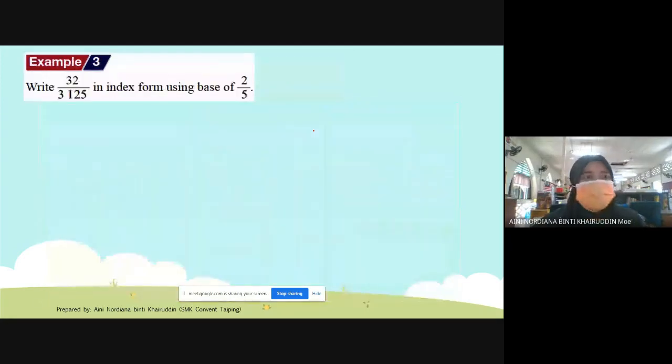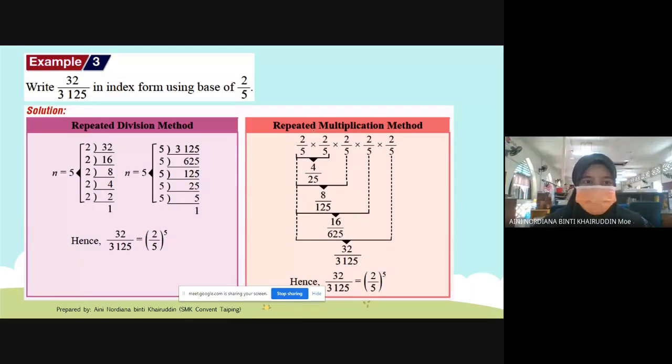Okay, next. Write 32 over 3125 in index form using base of 2 over 5. Same question, you can use either the division method or the repeated multiplication method. So this is the repeated division method.